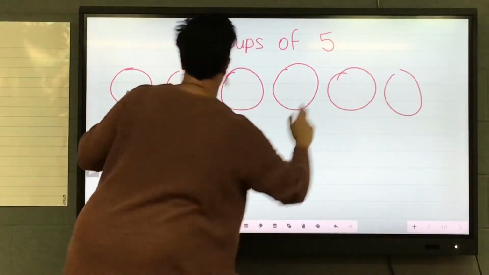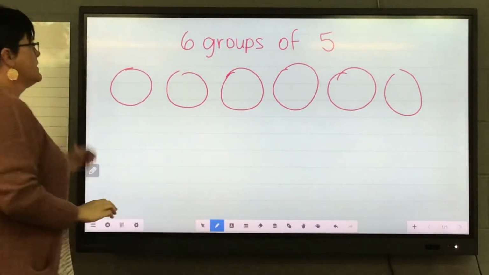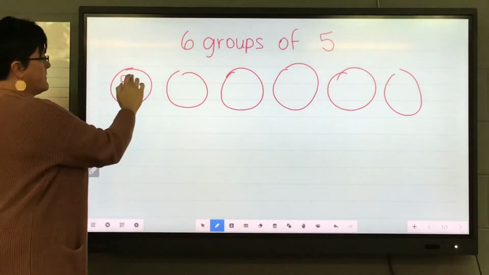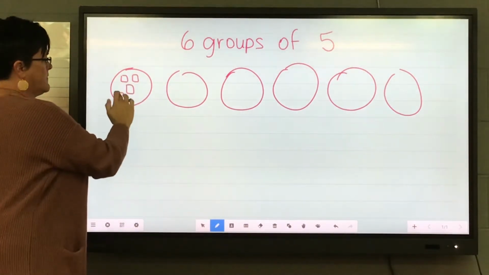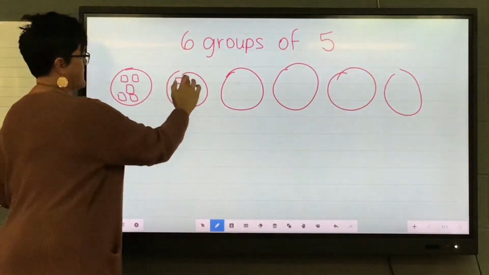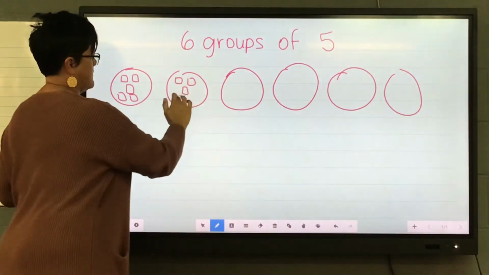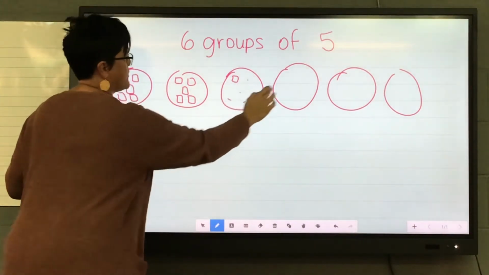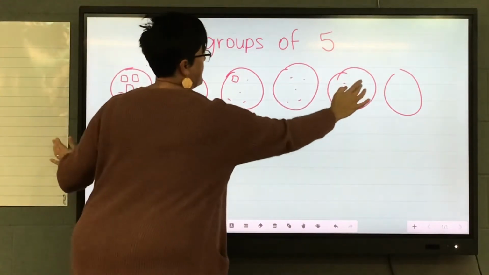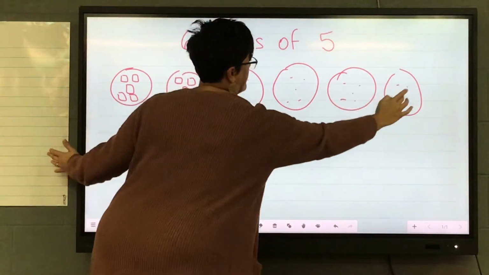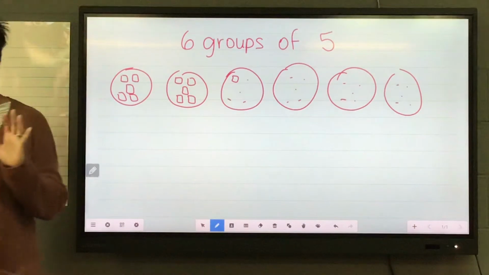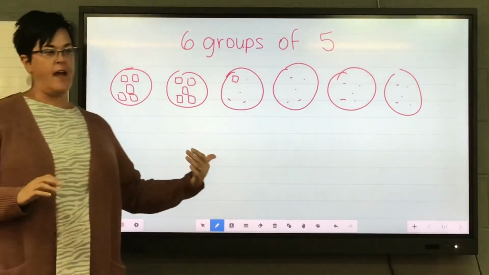Is that 6? 1, 2, 3, 4. Yes. How many tiles are in each one of these? 5. All right, I'm just gonna start doing dots, it's quicker. All right, so it's like saying 6 times 5.